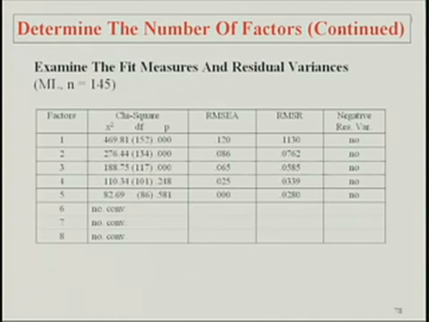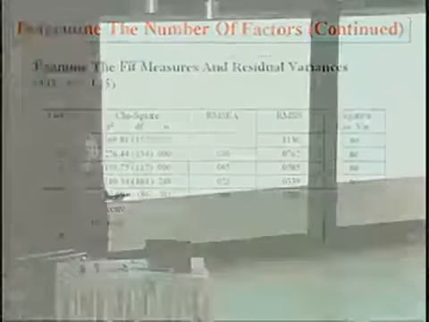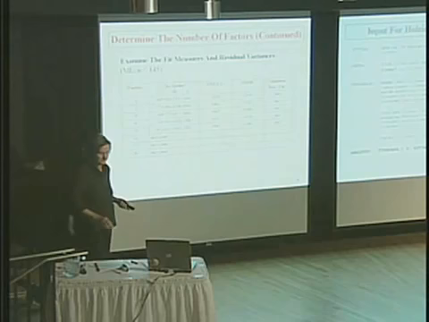So that would cause us to consider 4 or 5. We want RMSEA to be less than 0.05. We go down, and that doesn't happen until the 4-factor solution. And we want RMSR to be less than 0.05, and that doesn't happen until the 4-factor solution. So this is how we use the information that we get from these EFAs to determine the number of factors.